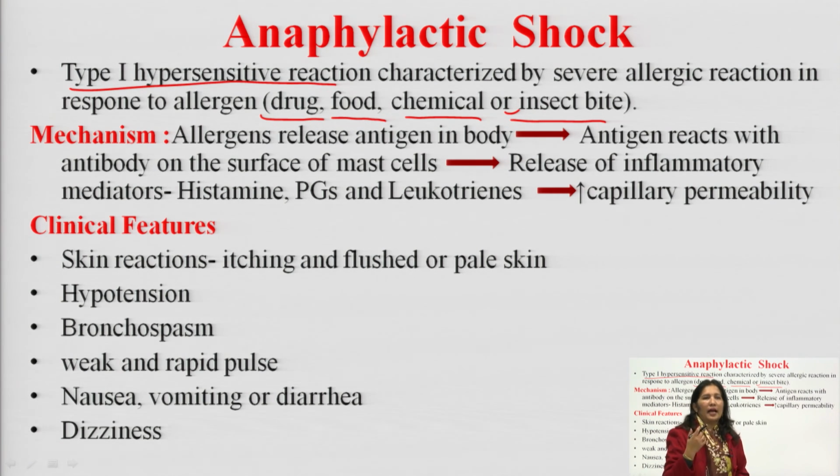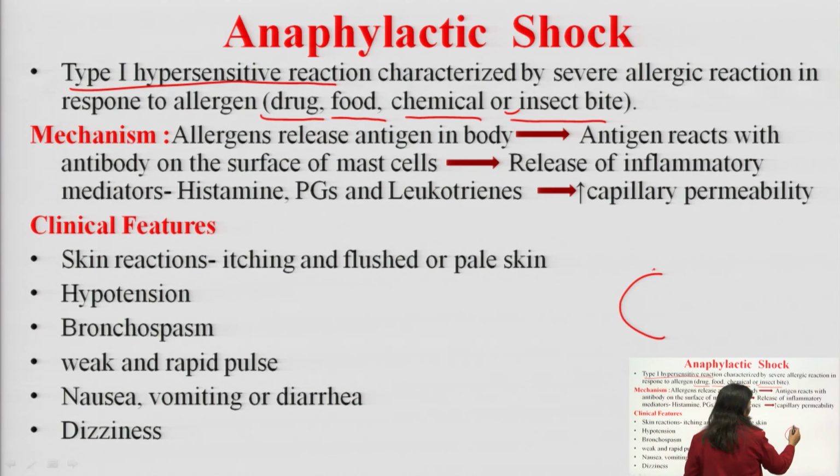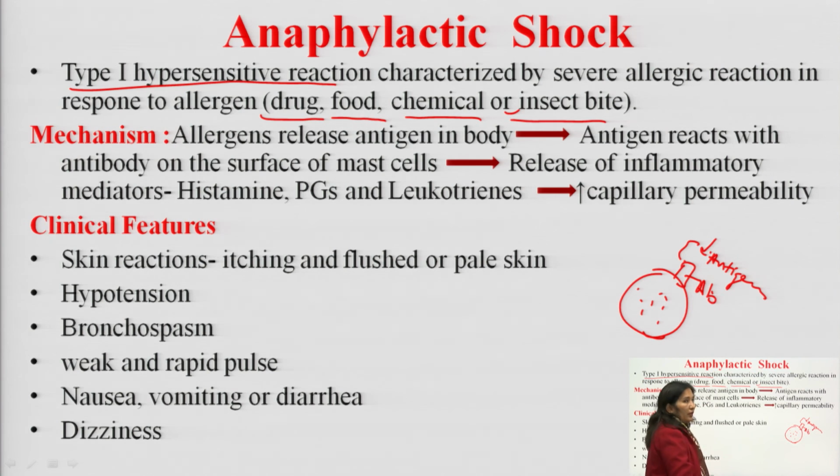Antigen reacts with antibody on the surface of mast cell. This is the mast cell, there the antibody is present and antigen will form complex with the antibody on the surface of mast cell.